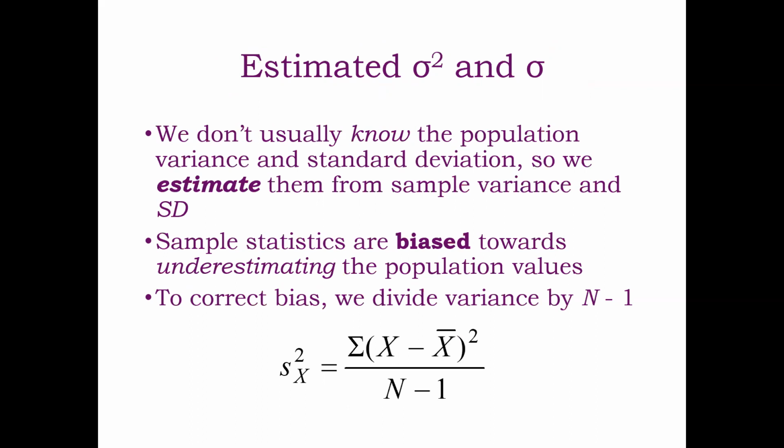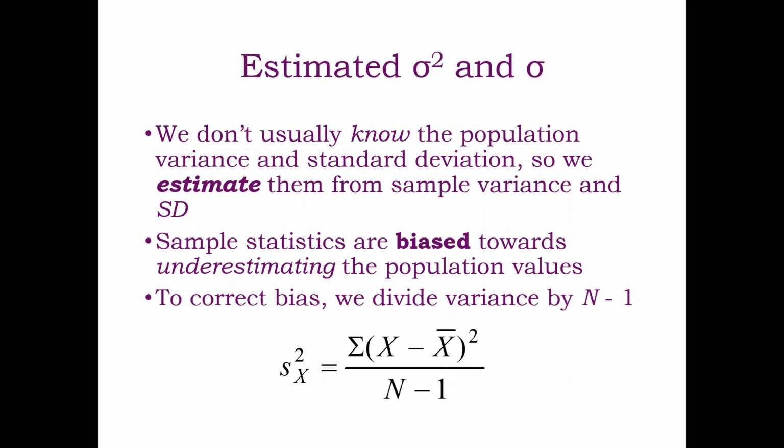So we have to estimate them based on sample variance and standard deviation. To correct for this bias, remember, sample statistics tend to underestimate the population variance, so they're smaller than they should be. To correct for that, we divide by n minus 1, which will make this whole value slightly bigger.